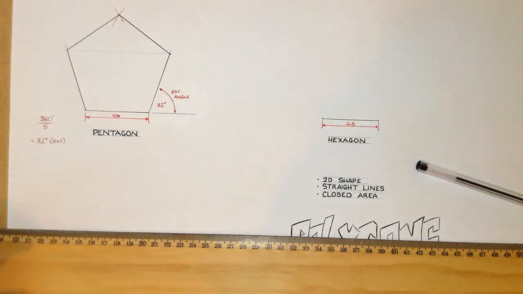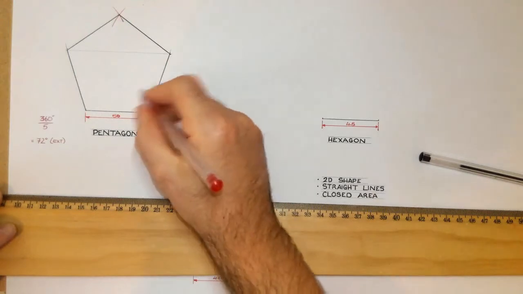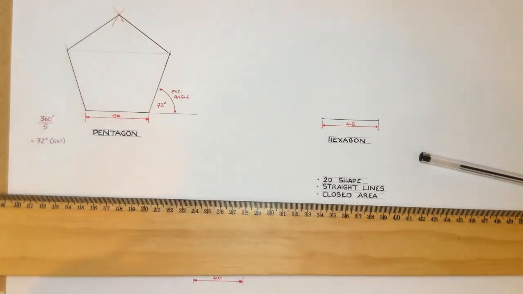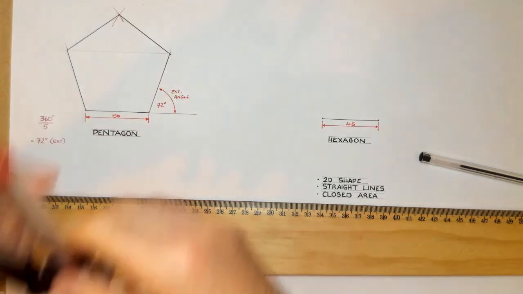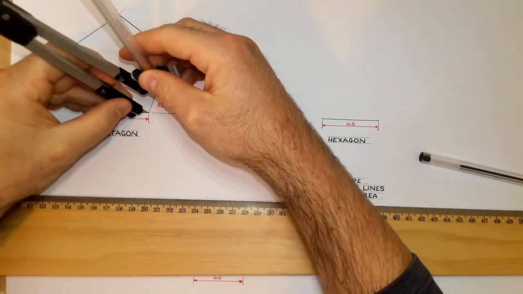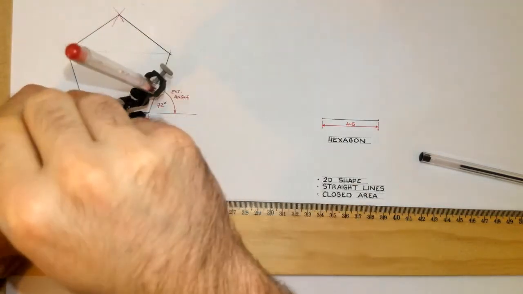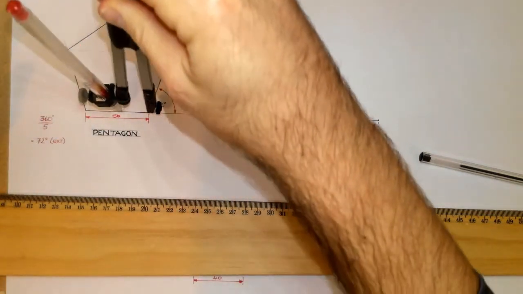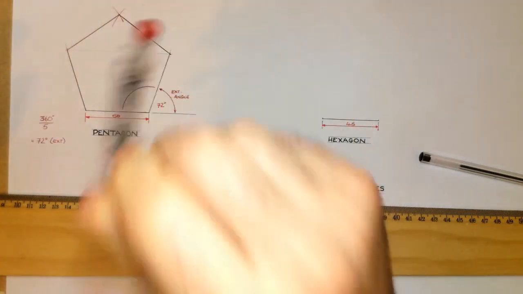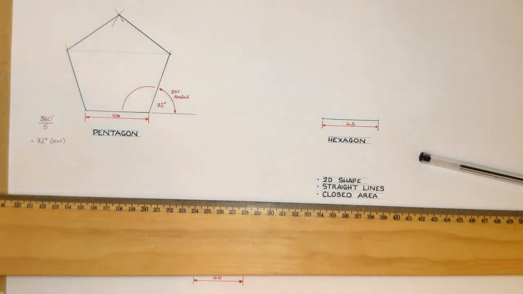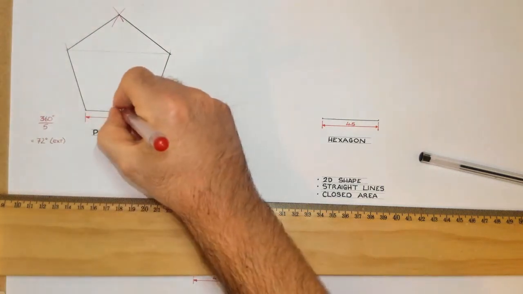Now, by doing a bit of quick maths, we could actually work out our interior angle. So we know that the angle on a straight line is 180 degrees. So there is my interior angle.